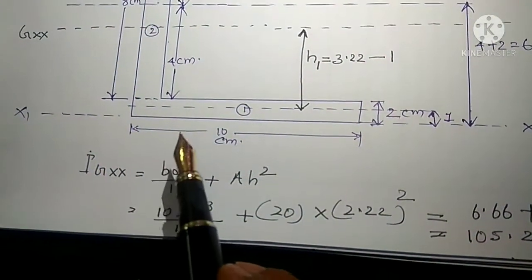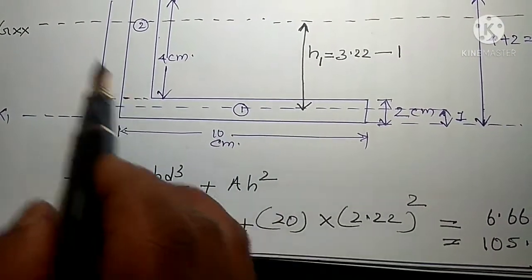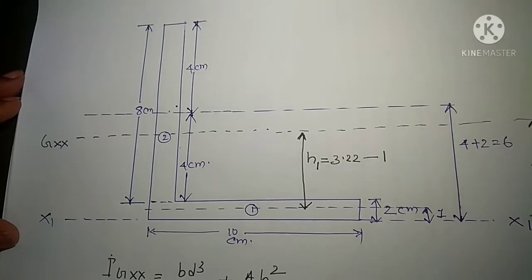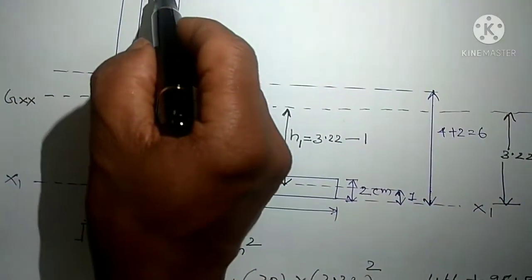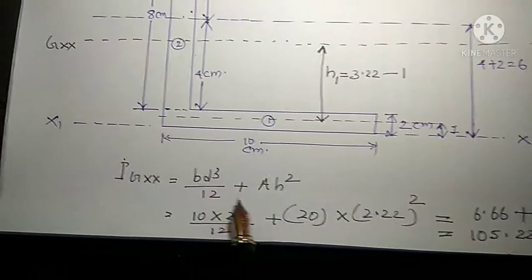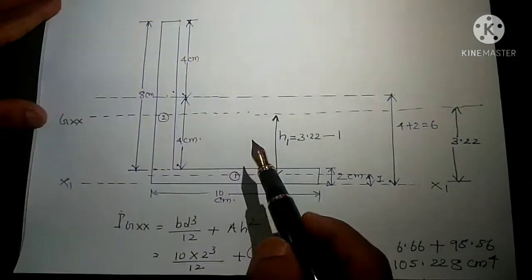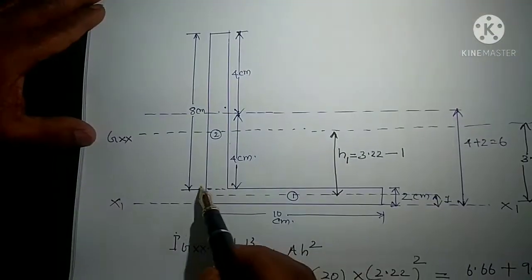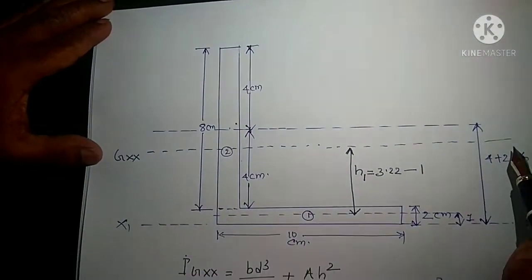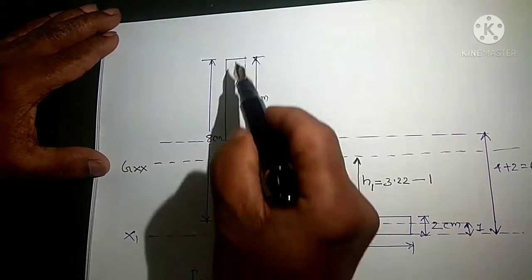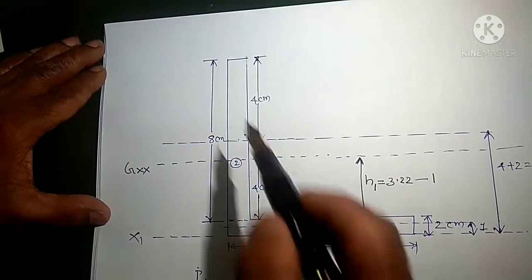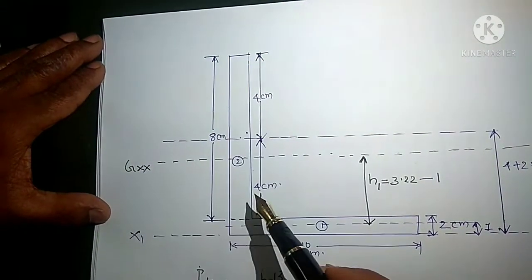Similarly, you have to find the moment of inertia of the second component about this horizontal centroidal axis. For the second component we have the same relation, bd cubed by 12 plus A h2 squared. To find the moment of inertia of the second component about this reference axis, as per the parallel axis theorem, it is the moment of inertia of the second component about its centroidal axis plus the area of this component into h squared.